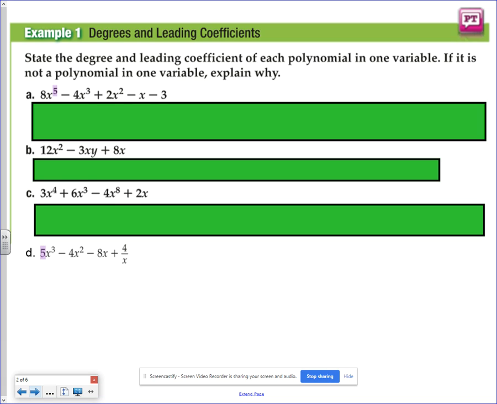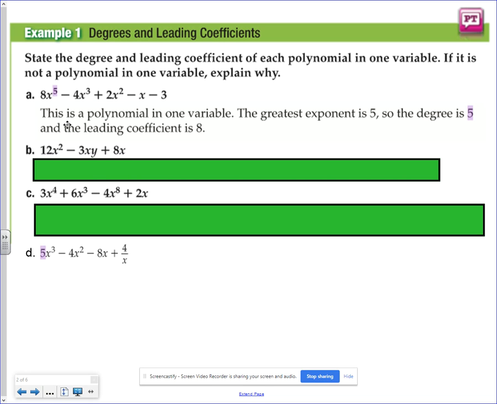So does it only have one variable? Yes, it only has the variable x. Well, are all the coefficients real numbers? Yes. What about the exponents on your variables? Are all the exponents positive integers? Yes. So this is a polynomial in one variable.